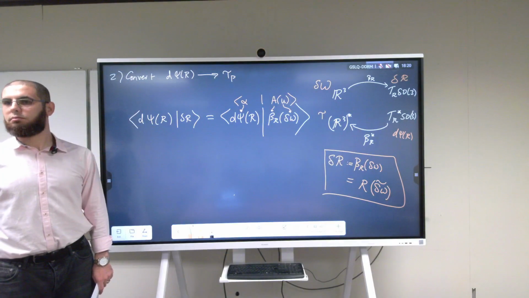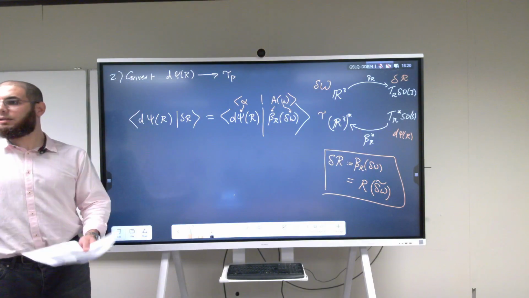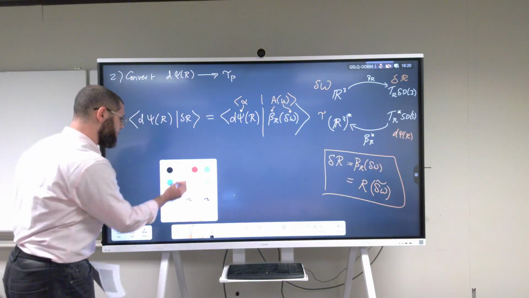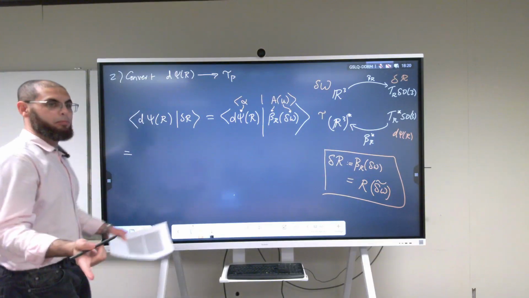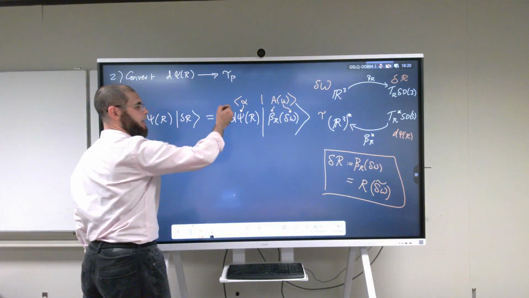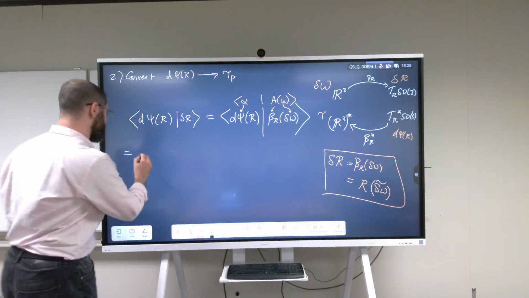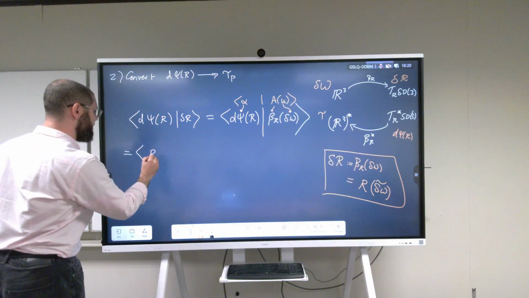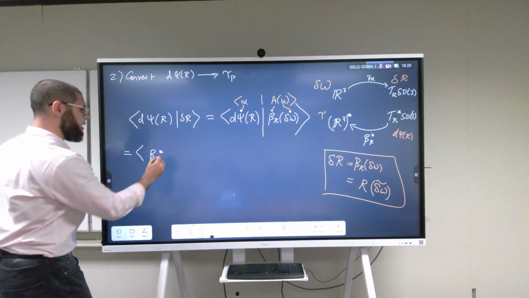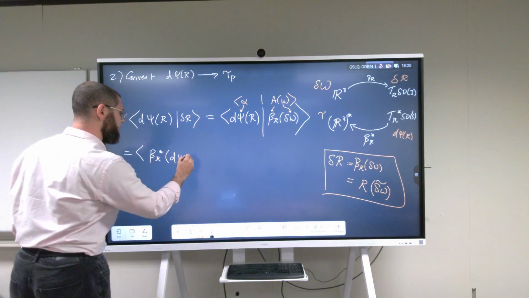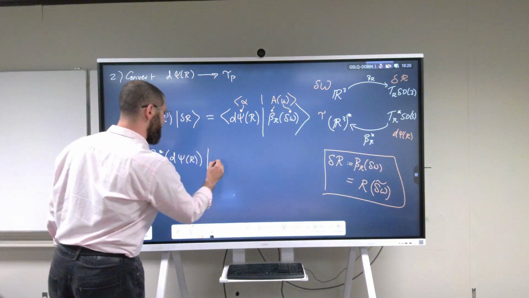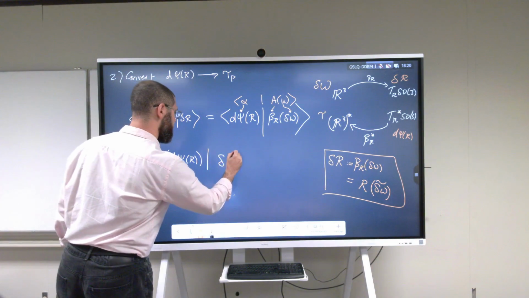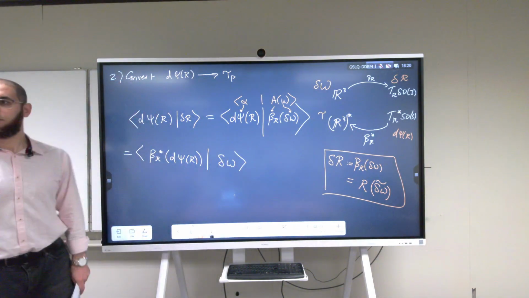And now by duality, how can we rewrite this? I can bring this one to the other side. So that's exactly what we're going to be doing. I can have beta R star eating this whole covector, and then this will be paired with delta omega.